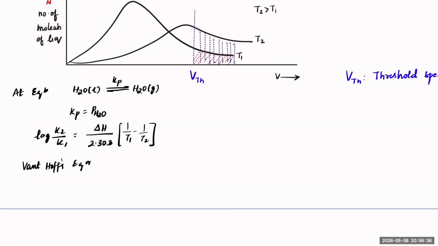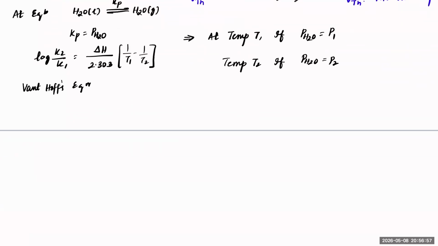Now, can I say that at temperature T1, if the vapor pressure of water is P1, and at temperature T2, if the vapor pressure of water is P2, I can substitute these values here because Kp will be the same as the pressure.